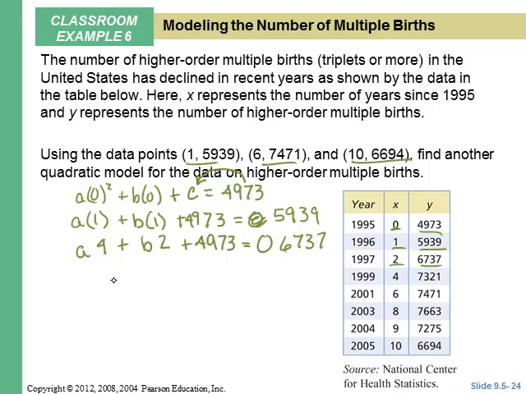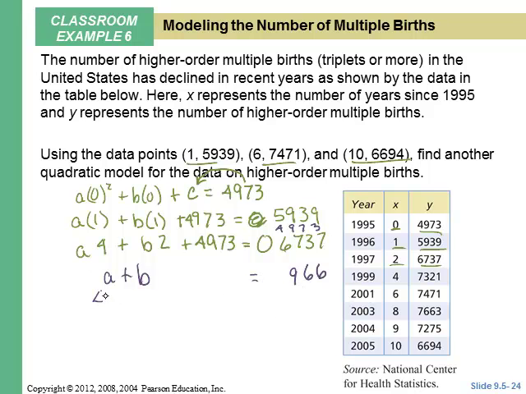Okay, let's take those last two equations and rewrite them. A plus b, and if you take 4973 away from 5939, you get 966.